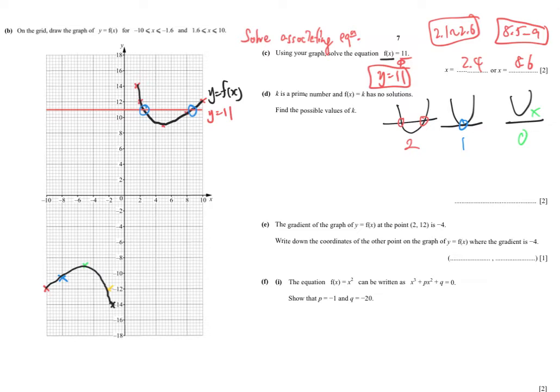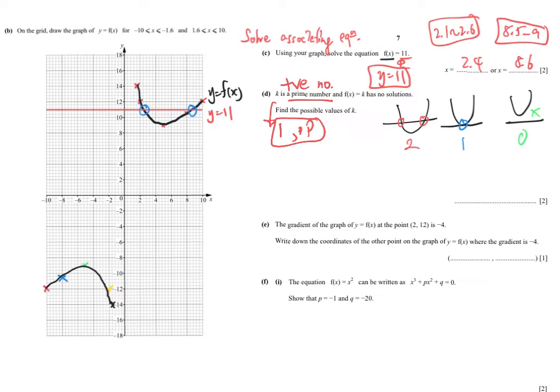We also need to pay attention to the prime number. Remember, a prime number must be a positive number only, no negative numbers. A prime number only has 1 and itself, or the prime number p maybe, as its factors.